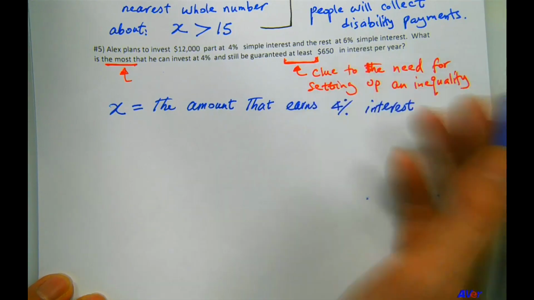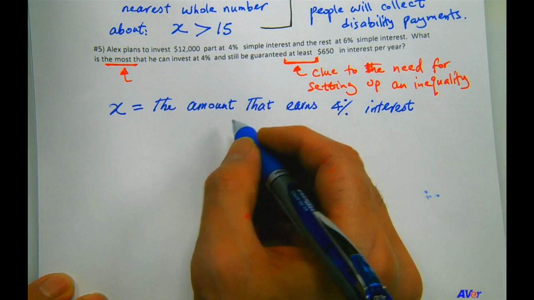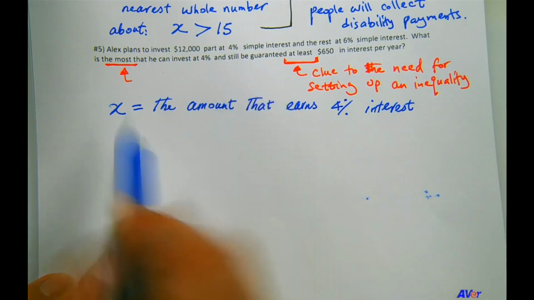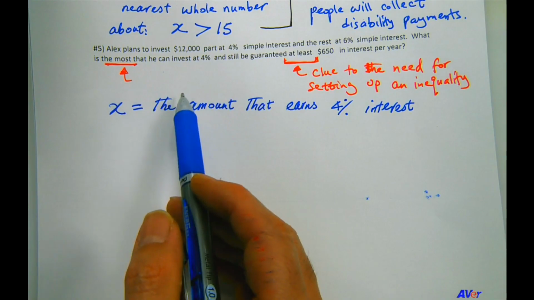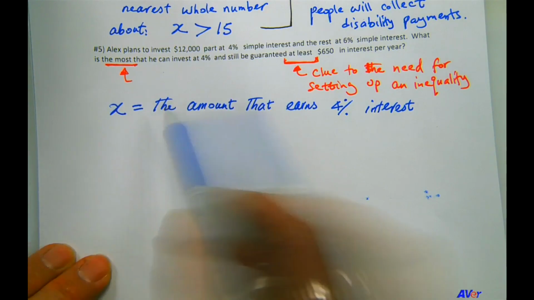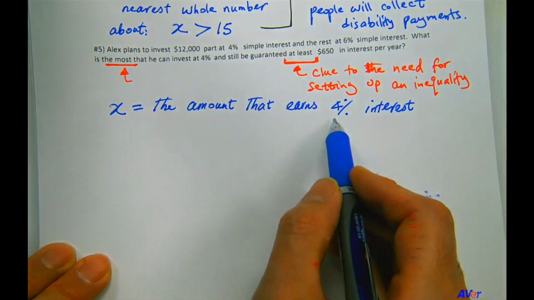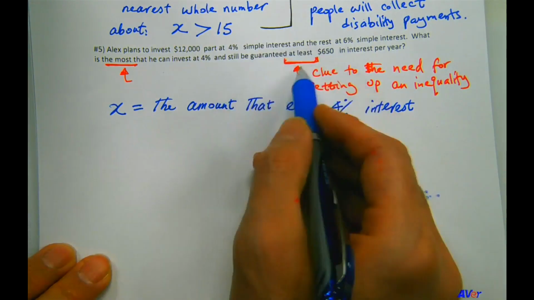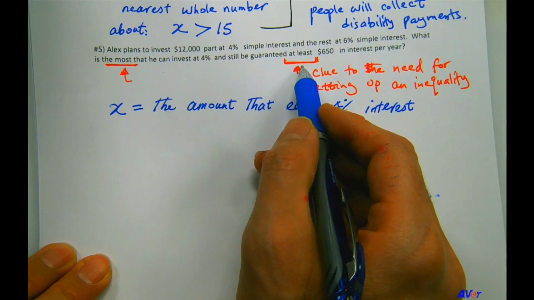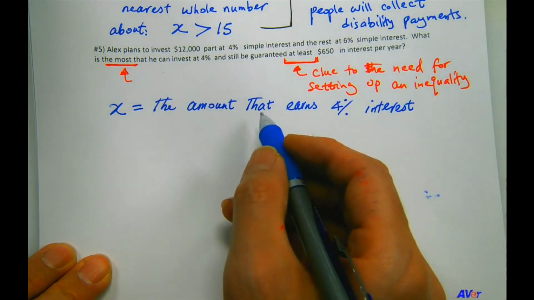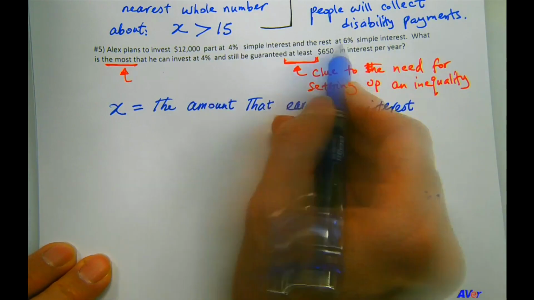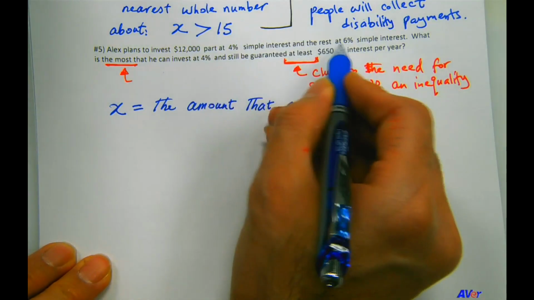So the rest, okay, so let's take the other amount as, let's say, y, right? The amount that earns, and the rest at 6%.